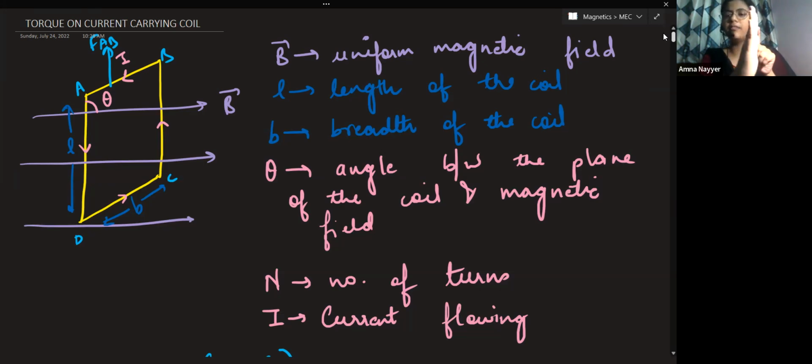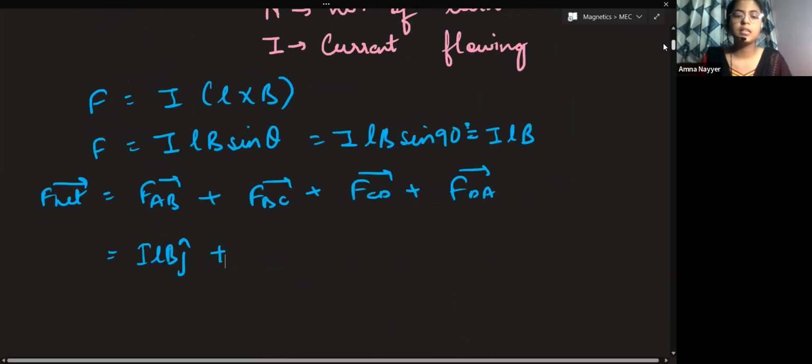If I keep it like this, because this is the direction of current, then I am not able to curl it towards the magnetic field. If I keep it like this, then I'm able to curl it towards the magnetic field. Thumb is pointing inwards into the page. That means minus K cap. So this becomes ILB minus K cap.